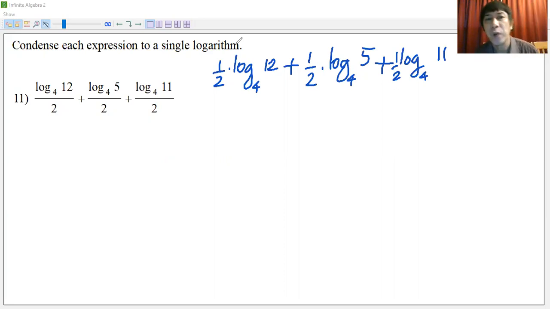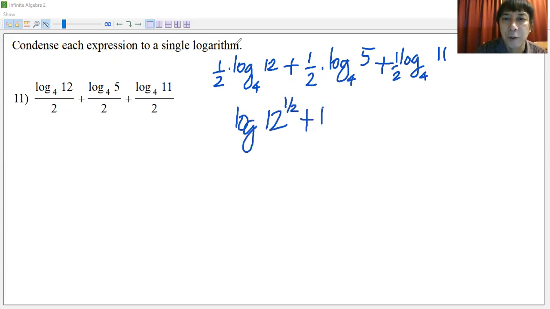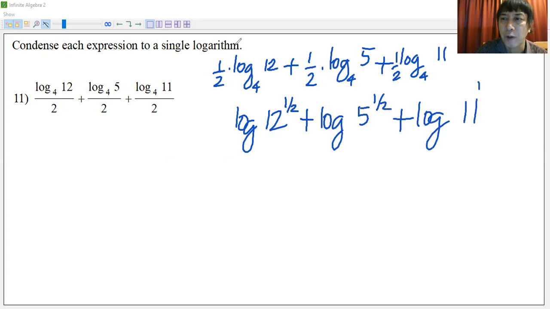So now we can put that 1/2 as exponent of the 12, exponent of the 5, and exponent of the 11. So this will be like this. We have here logarithm of 12 to the 1/2 plus logarithm of 5 to the 1/2 plus logarithm of 11 to the 1/2.